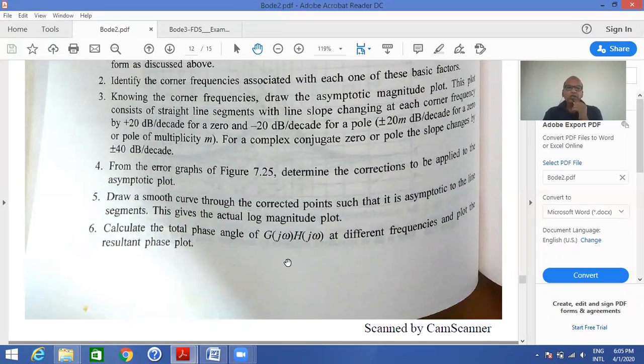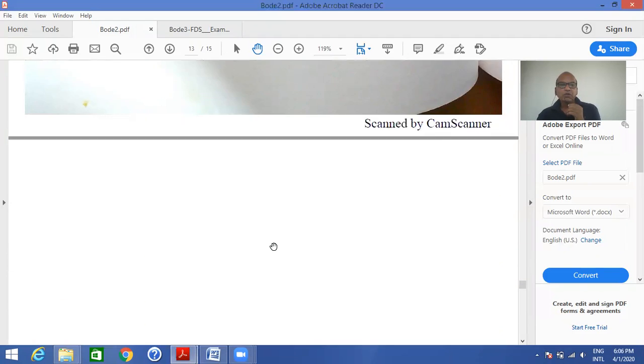Calculate the phase angle for each and every frequency, and then draw the phase angle plot on a logarithmic scale. That is, calculate the total phase angle at different frequencies and plot the resultant phase plot.